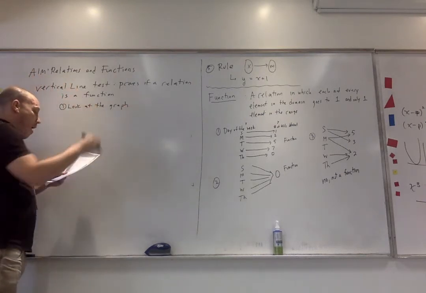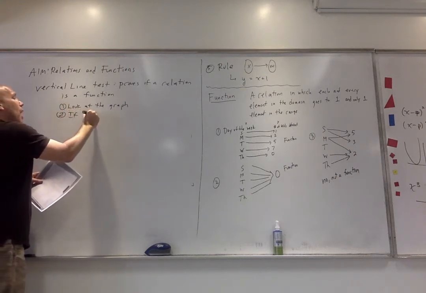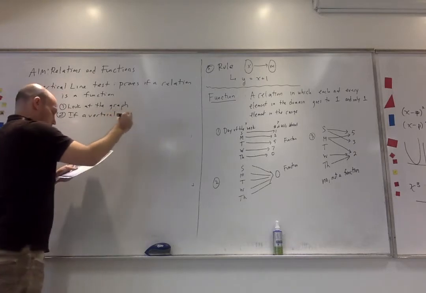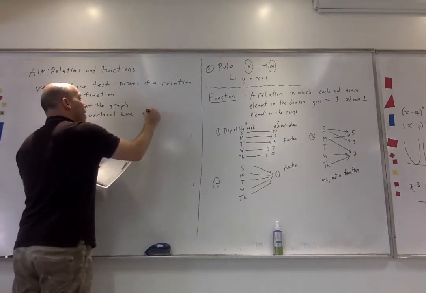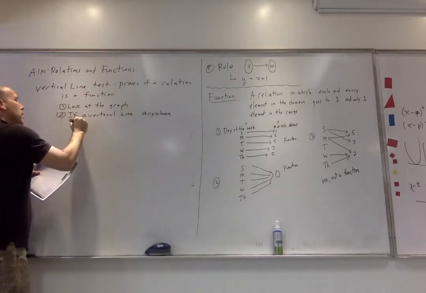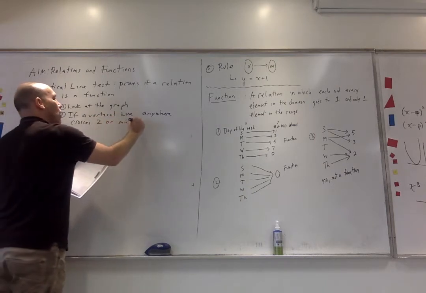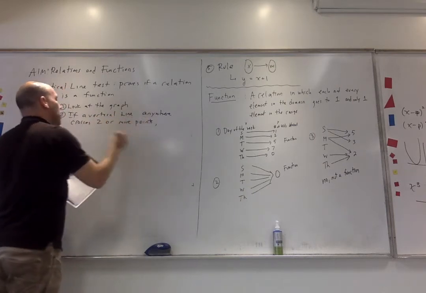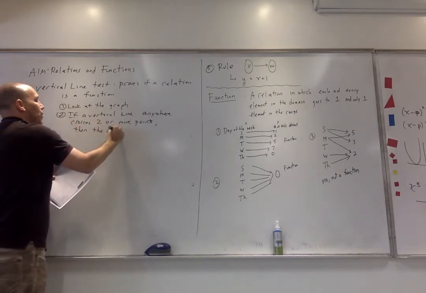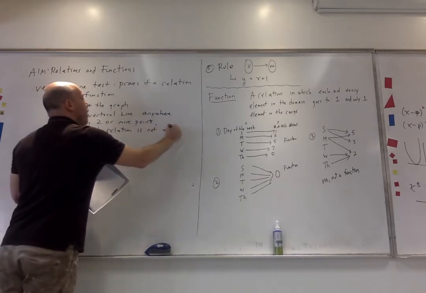You're going to look at the graph, and if a vertical line anywhere crosses 2 or more points, then the relation is not a function.